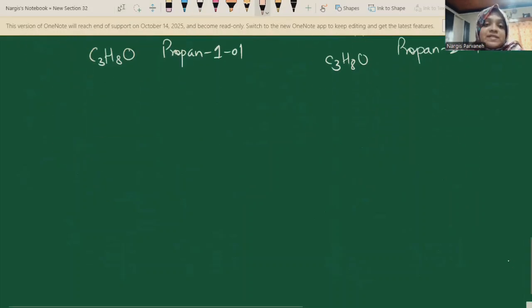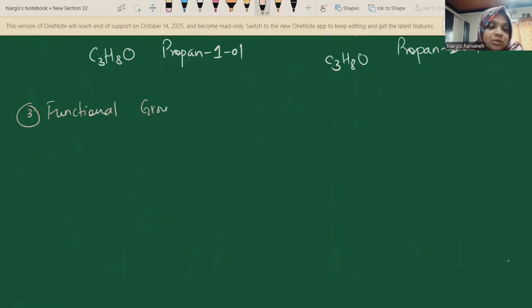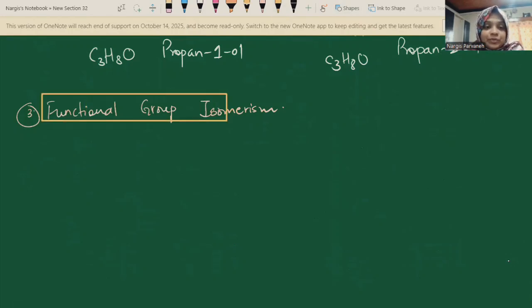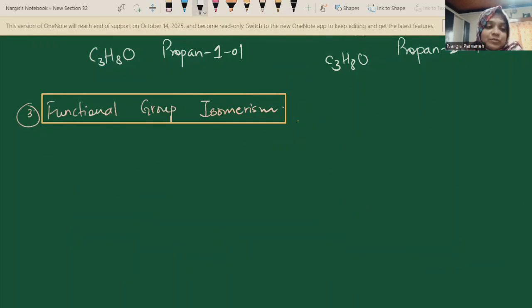The third type of isomerism that we have is functional group isomerism. The name itself is telling you, two compounds that have the same molecular formula, but they differ in the functional group, are called functional group isomers of each other.